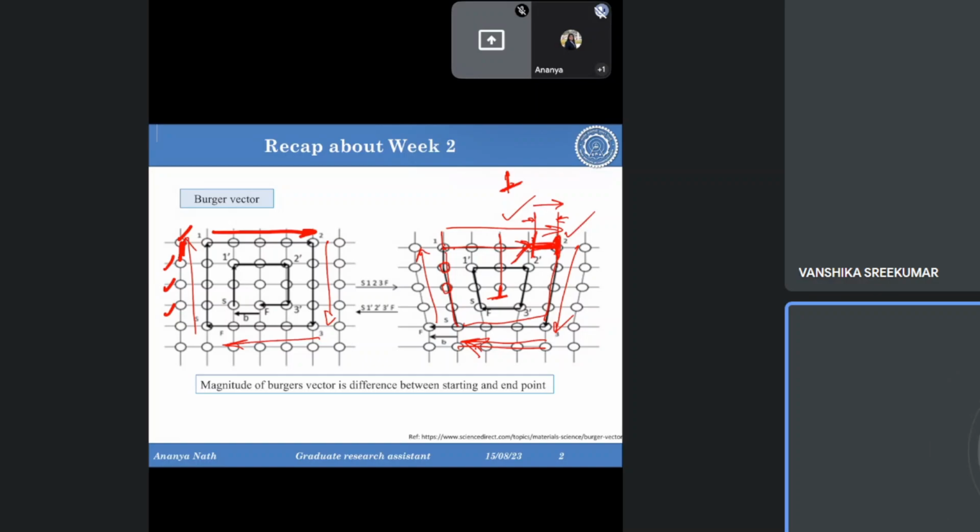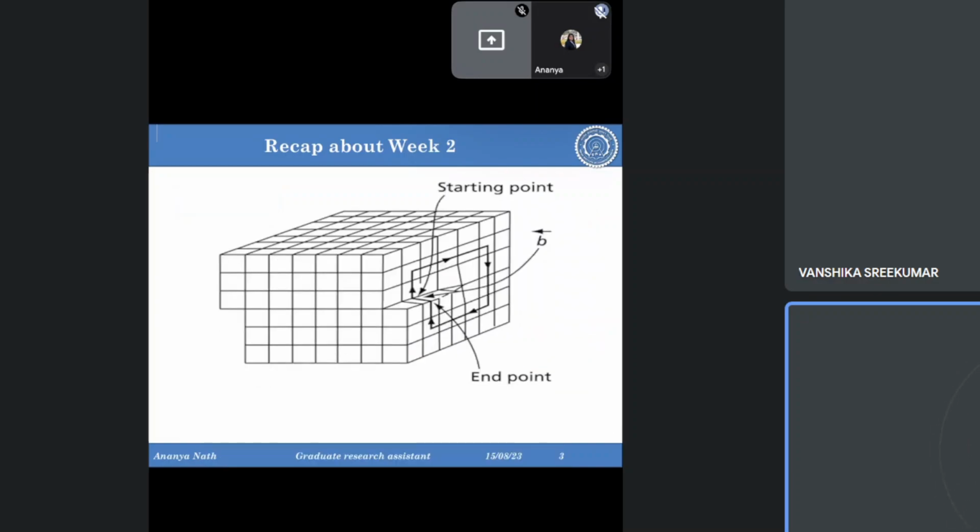Let's take another example, this is a screw dislocation. In screw dislocation, in last class I told you that it will follow a helical loop-like path to move inside the lattice. The direction in which the screw dislocation will move is in this direction.